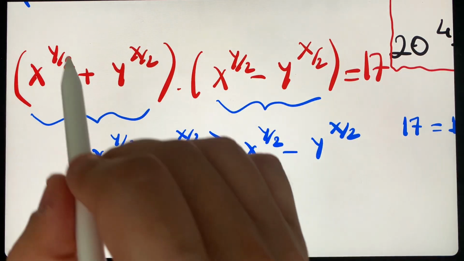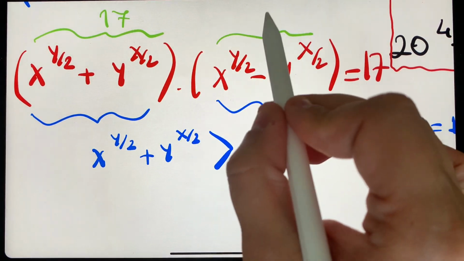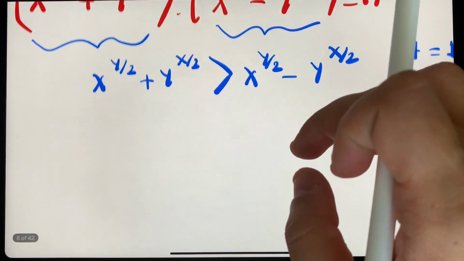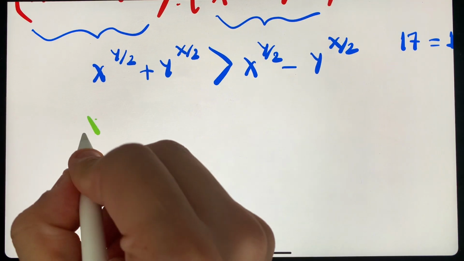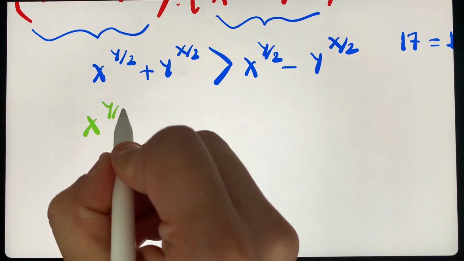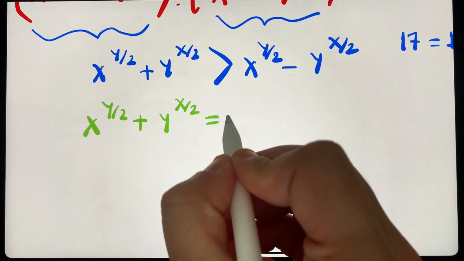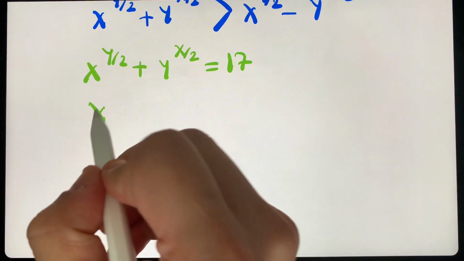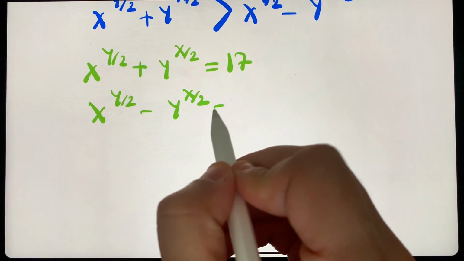Now 17 is this expression, and this expression is 1. Let's write the following immediately: x to the y over 2 plus y to the x over 2 is equal to 17, and x to the y over 2 minus y to the x over 2 is equal to 1.